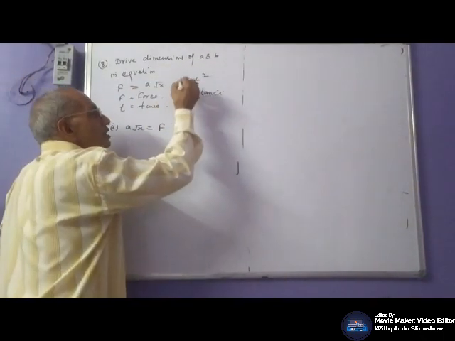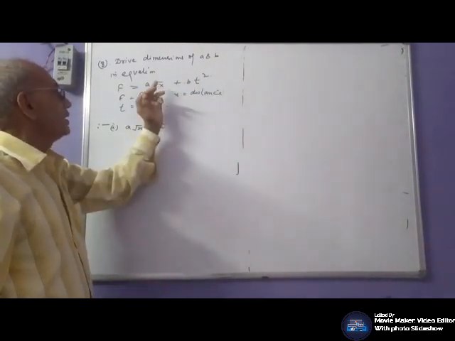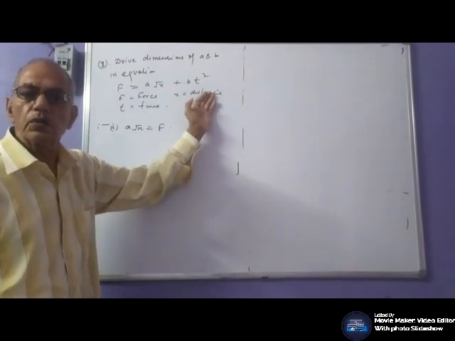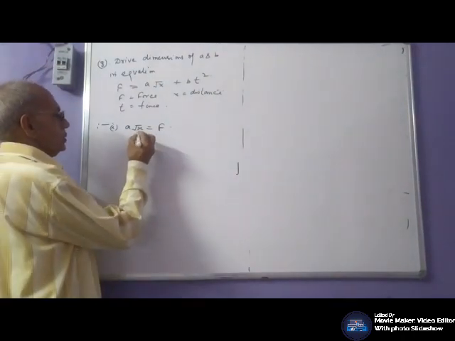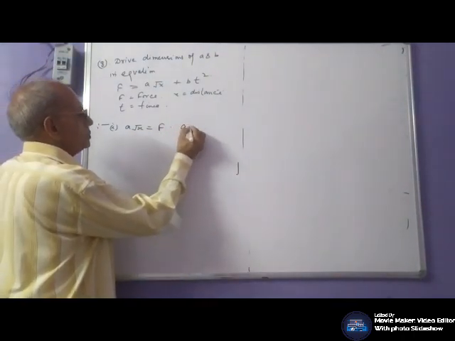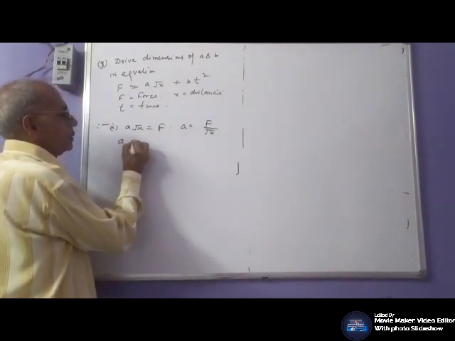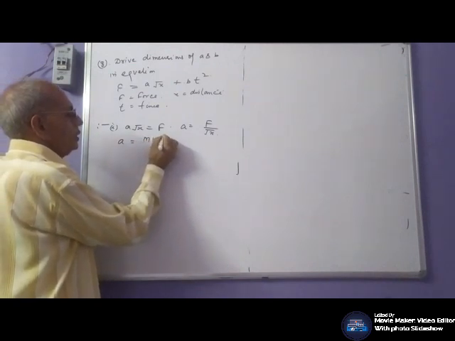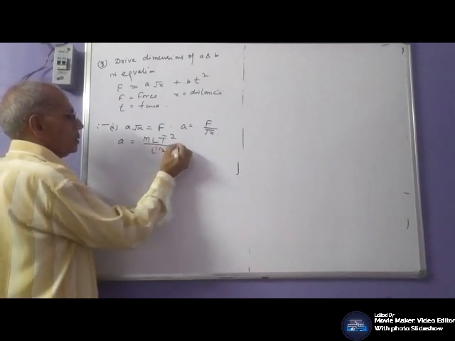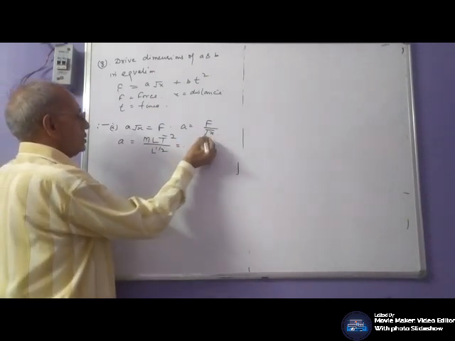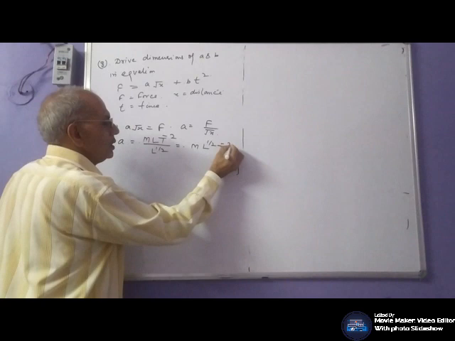In force only force is added or subtracted. Velocity is not added to force. Force is added to force. So this is force. A is F by X root. F we have already done. X is distance, L. So this is M L to the power 1 by 2, T minus 2.